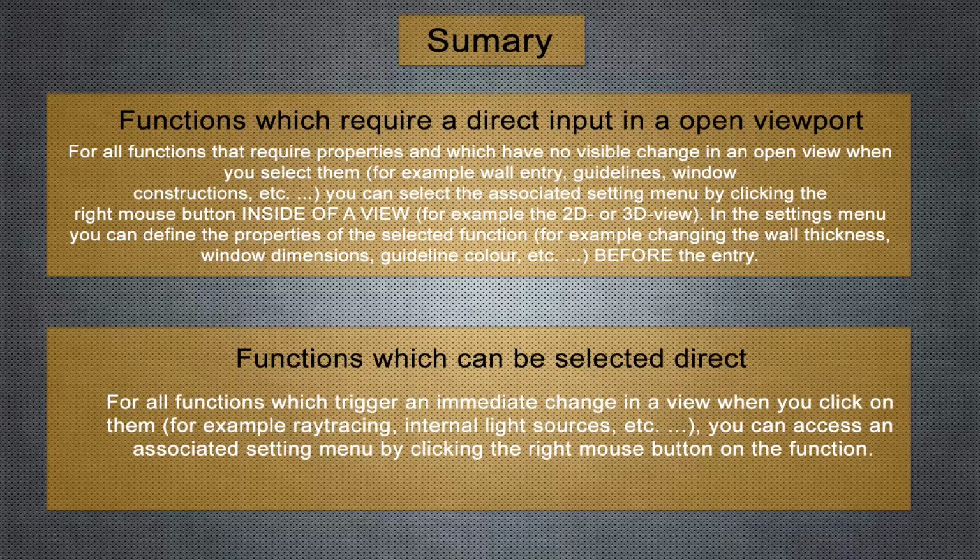For all functions that require properties and which have no visible change in an open view when you select them, for example, wall entry, guidelines, window constructions, you can select the associated setting menu by clicking the right mouse button inside of a view, for example, the 2D or 3D view.